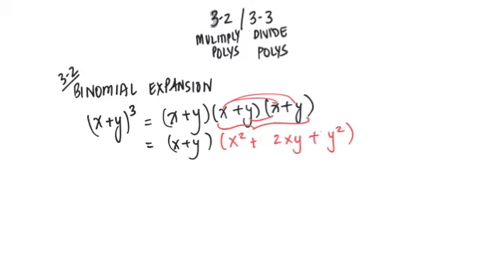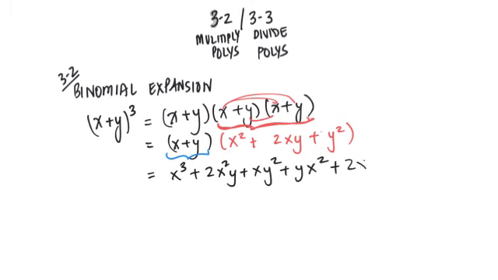So that's multiplying those first two, and now I have to multiply by this third (x + y) here. And when I do that, I would get just a bunch of terms: x cubed plus 2x squared y plus xy squared plus yx squared plus 2xy squared plus y cubed.